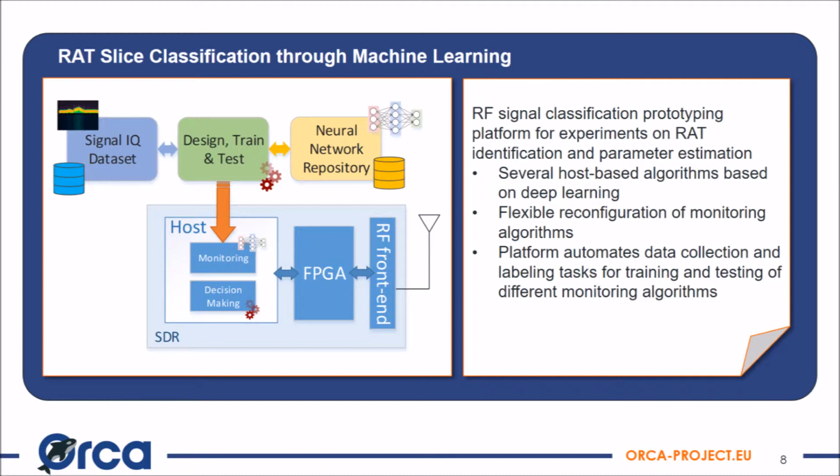We offer a framework and several tools that experimenters can use to create their own labeled RF signal datasets for machine learning model training and testing, and running different types of model training of deep learning based models for the RF signal classification.